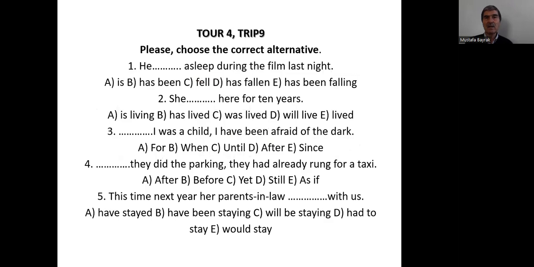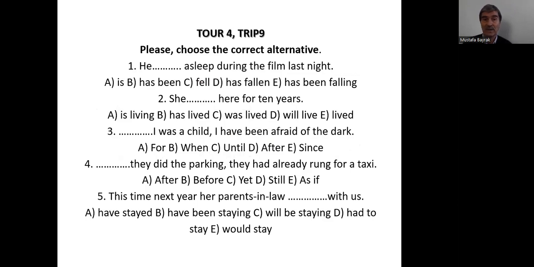Okay. Now, after reminding this, let's have our quiz of trip 9. Please choose the correct alternative. Question 1. He blank asleep during the film last night. So, last night fell. He fell asleep during the film last night. 2. She blank here for 10 years.